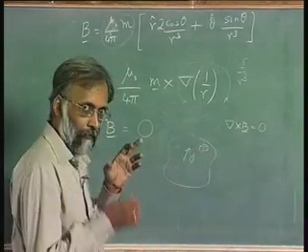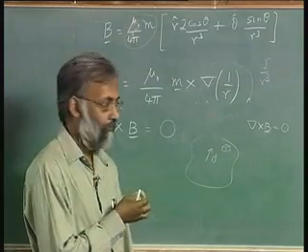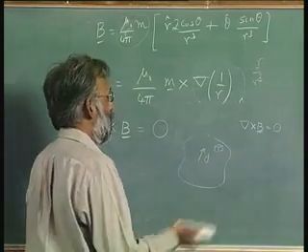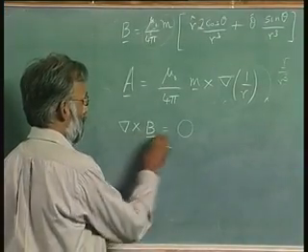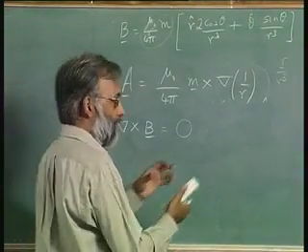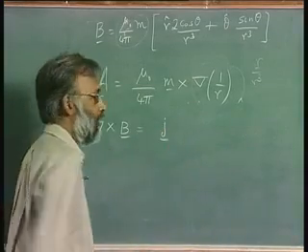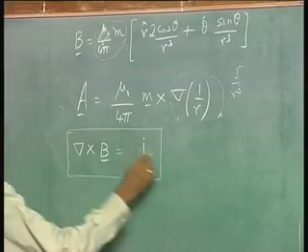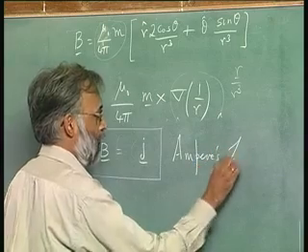But where I am looking itself, curl of B will not be 0. It takes a little bit more mathematics to prove the final statement. The final statement is, if you consider currents everywhere, curl of B is 0 for currents far away, and it is equal to J itself nearby, and this is called Ampere's law.